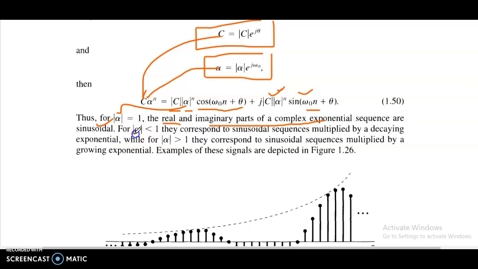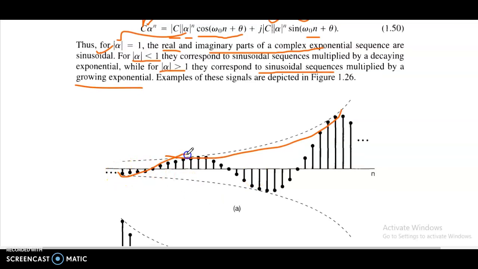For mod alpha greater than 1, they correspond to sinusoidal sequences multiplied by a growing exponential.